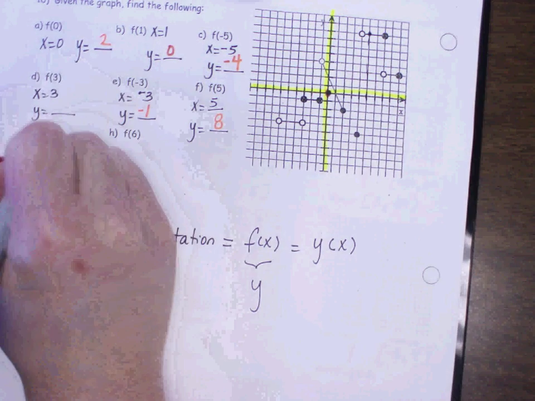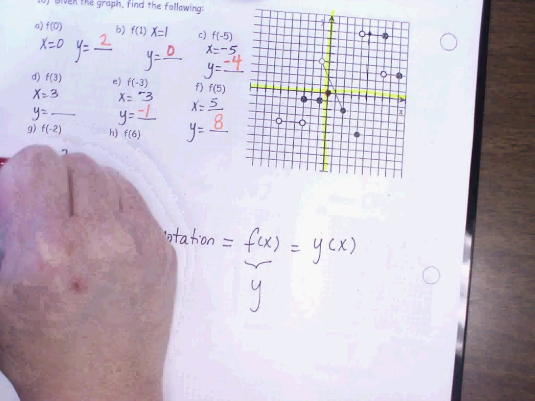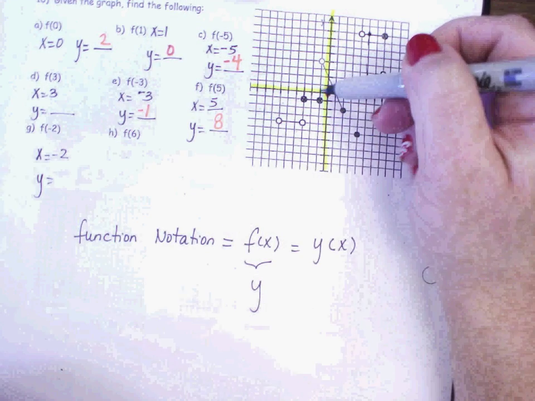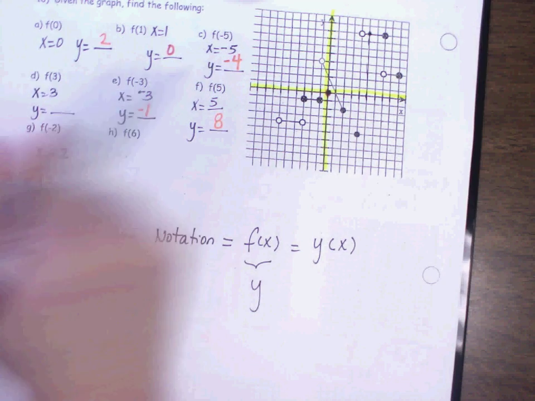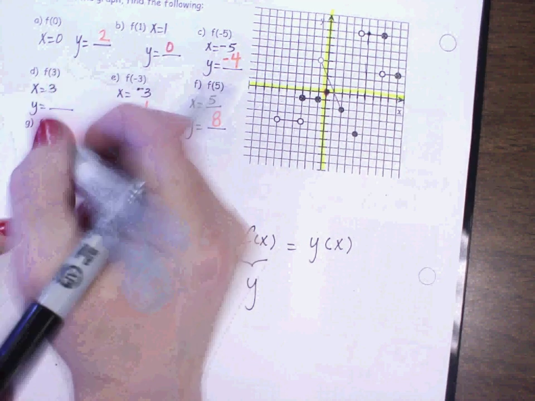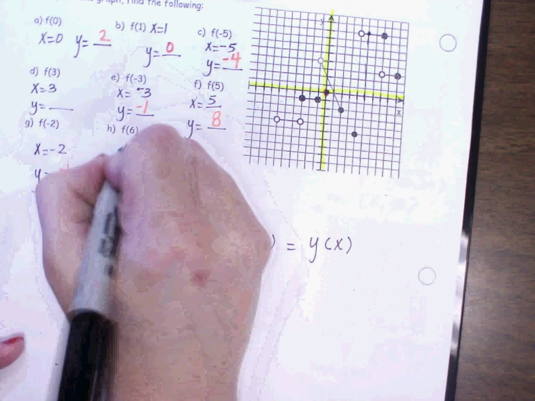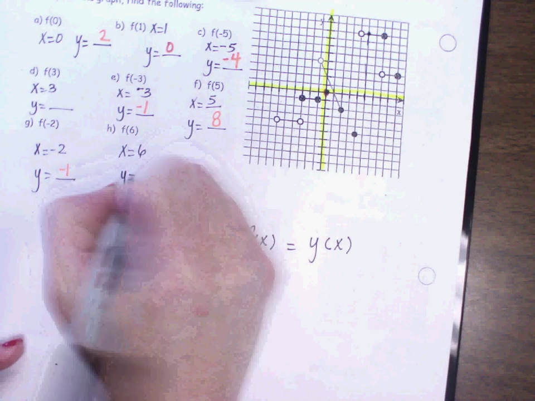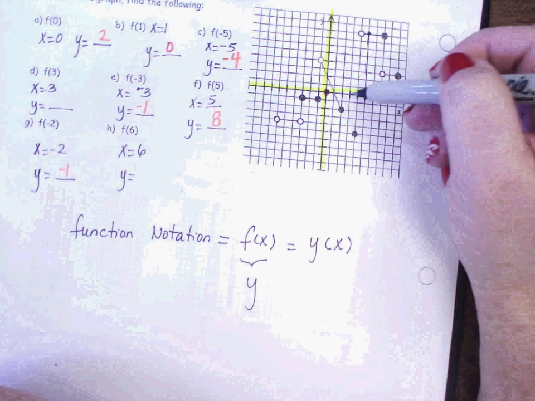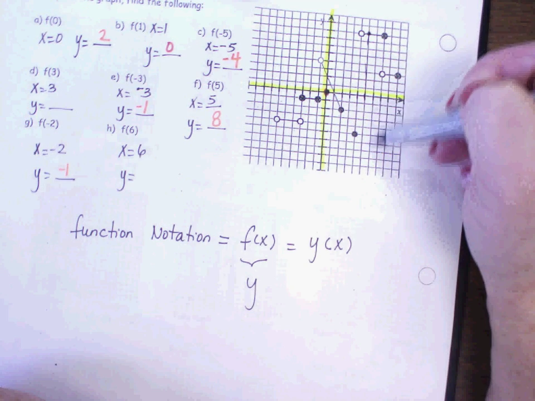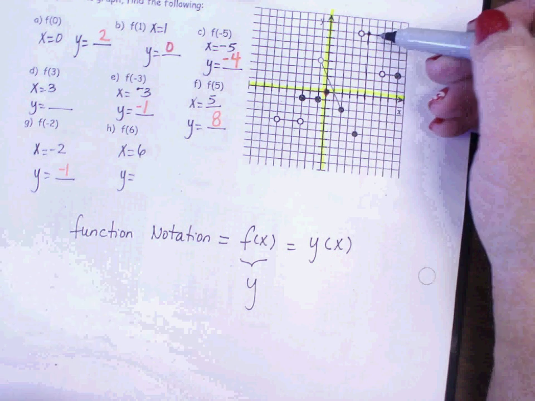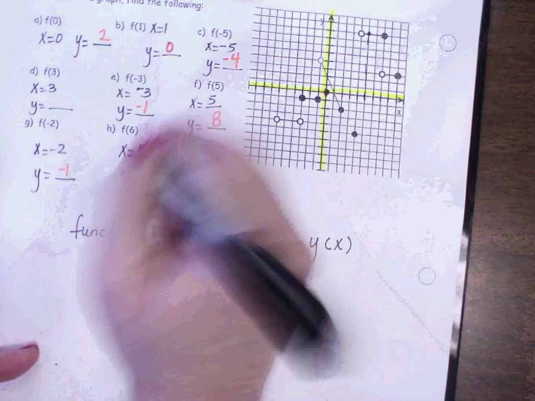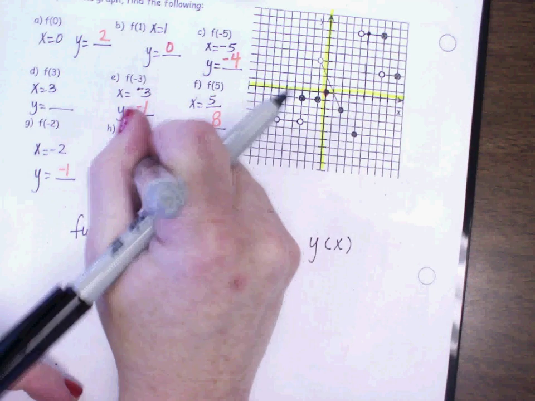When x equals negative 2, negative 2 would be negative 1. There you go. And when x equals 6, 1, 2, 3, 4, 5, 6, there's nothing down, but is there something up? Negative 8, right? I'm sorry, 8. Yay? All right.